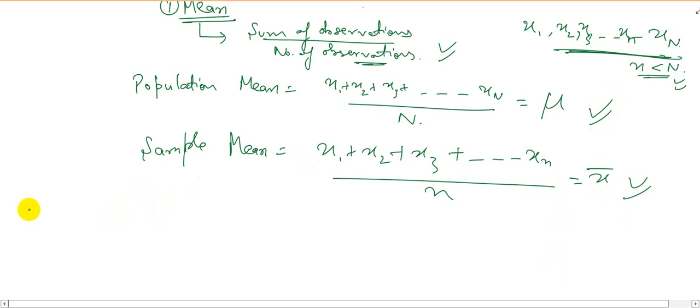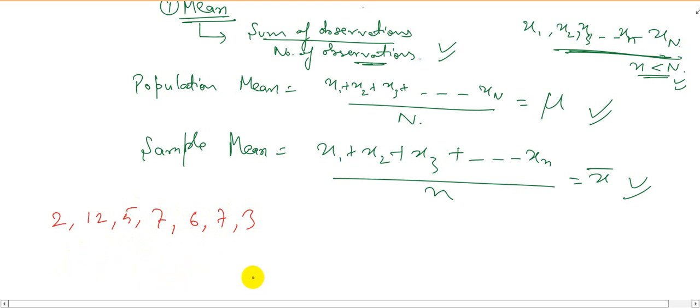Let us take an example through which it will become more clear. Let us have a data set with discrete values such as 2, 12, 5, 7, 6, 7 and 3. We are asked to find the mean.